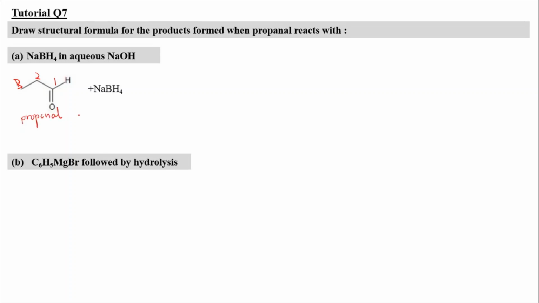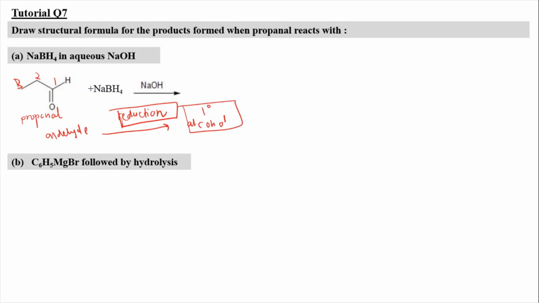Okay, so when it reacts with sodium borohydride in the presence of NaOH, it will undergo reduction. So what's going to happen here is that the aldehyde is going to be reduced into alcohol, and it's going to be a primary alcohol specifically.